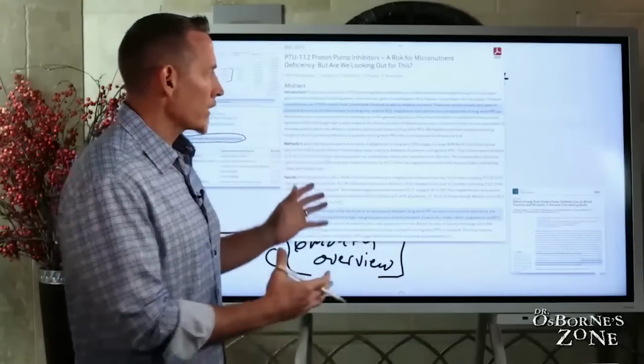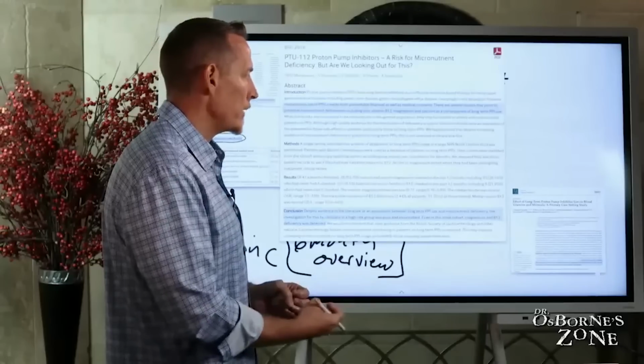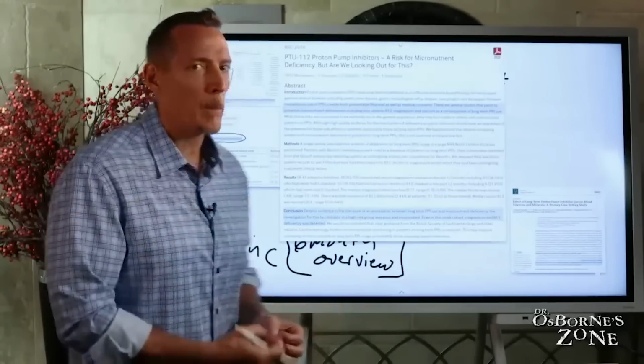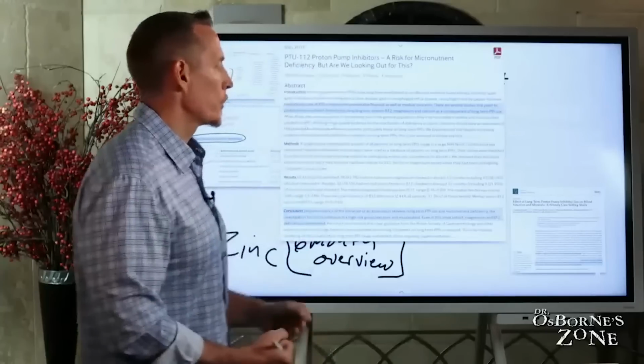But their concern is that doctors know this, it's part of the knowledge base, but they're not acting on it. They're putting their patients on these drugs, but failing to test for these deficiencies, or failing to accurately give nutrition to these patients, as a concern that they may be causing a nutritional problem long term.